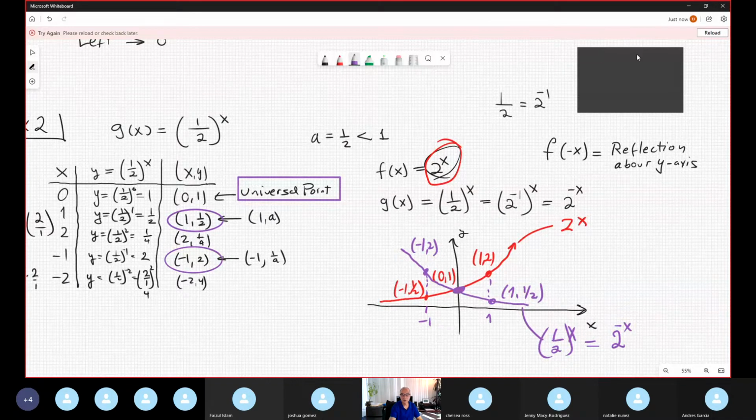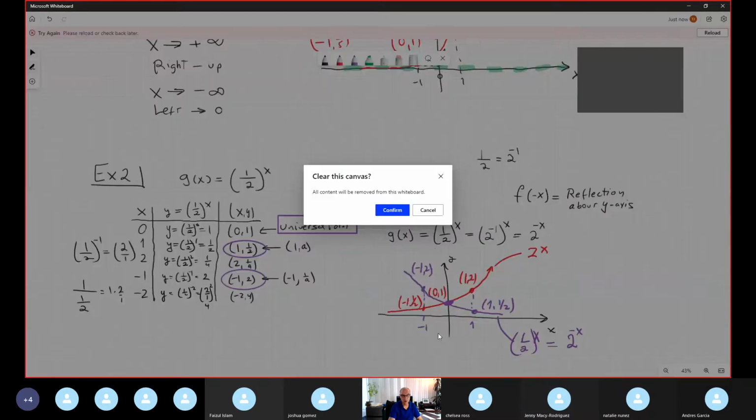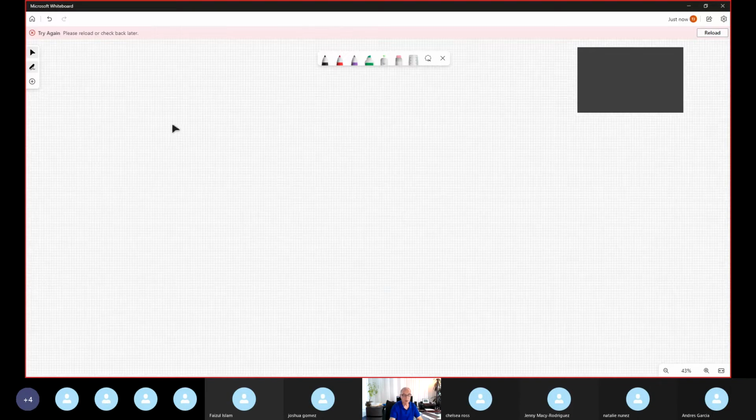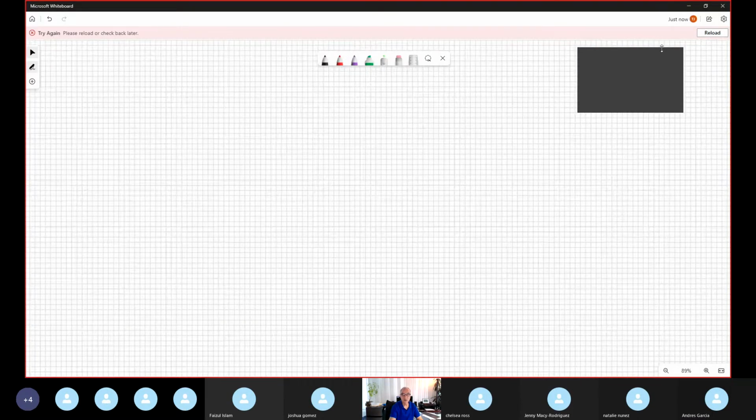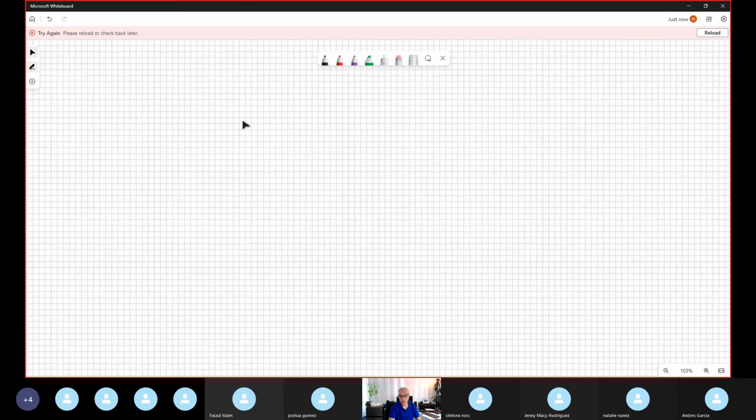Suppose, wait a second. Okay. Do you see the whiteboard or not yet? I can see it. Yes? Yes. Okay. Sometimes it's complicated to get the share screen, no? Suppose this example, look at that. This example is example 3.